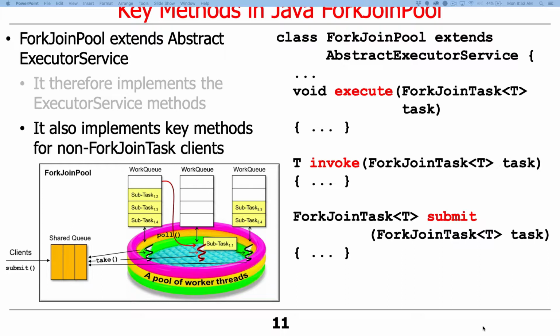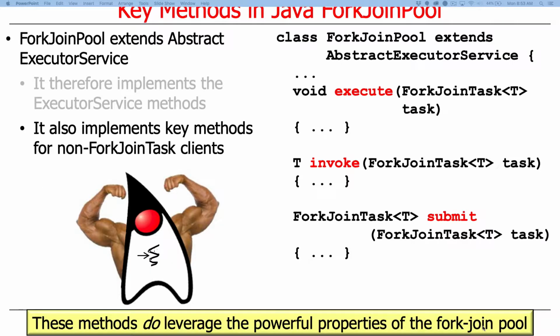From that point onwards, everything will take place in the context of ForkJoin tasks running in the ForkJoinPool. So now it's ForkJoinTask behaviors as opposed to non-ForkJoin task clients. That distinction may seem a little odd at first, but it'll make sense when we talk more about what ForkJoin tasks do under the hood. It all has to do with being able to steal the various subtasks inside the ForkJoinPool. These methods do leverage all the powerful properties of the ForkJoinPool, so they're the really cool things that we want to discuss here.